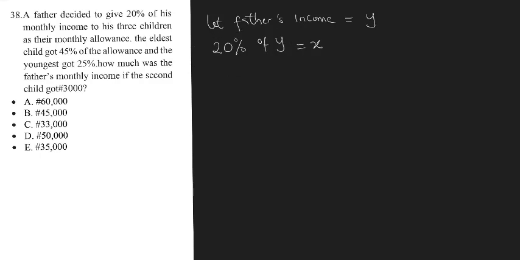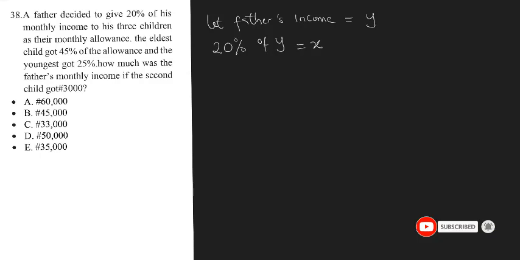That means this X is the amount he gave his 3 children, right? So we make the 20% of Y to be X. The eldest child got 45% of the allowance, so he got 45% of that 20% of his income, which is X now.